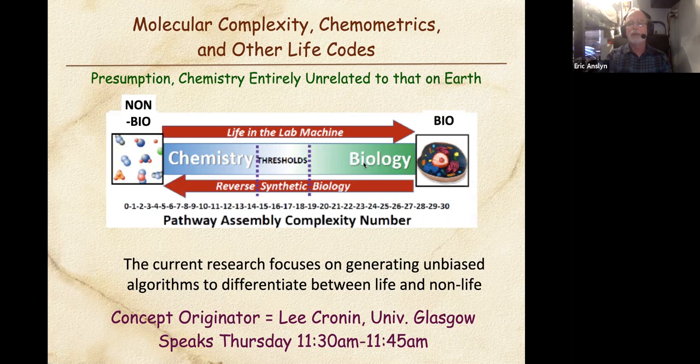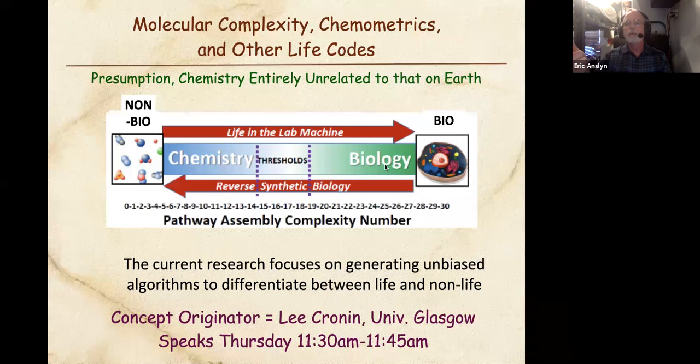But the premise is that you're not going to look for nucleic acids. We're not going to look for proteins elsewhere. We have no idea what to really look for as far as the organic and inorganic chemistry that might generate life elsewhere.